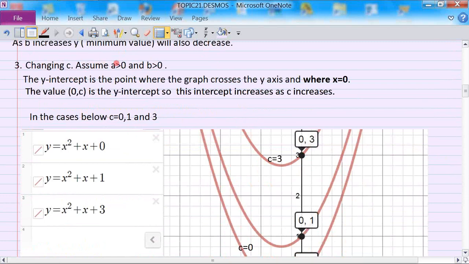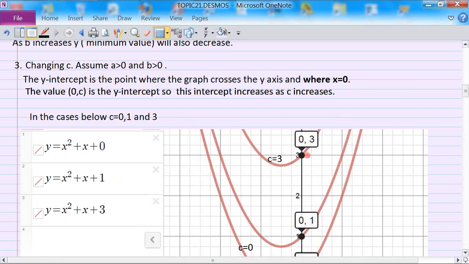What about changing c? Again, here we're going to assume a is greater than 0 and b is greater than 0. You can see we put a equal to 1 for all of these, b equal to 1 here, and all we've done is change c. Now the y-intercept is the point where the graph crosses the y-axis and where x equals 0.